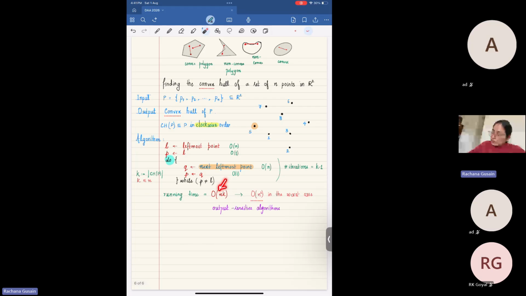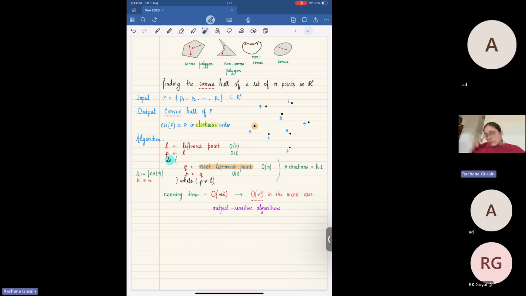Then the first algorithm whose running time is order nk is actually order n because k is constant, whereas the second one has a worse running time, order n squared. So that is why we are also interested in output sensitive algorithms. Does that answer the question?